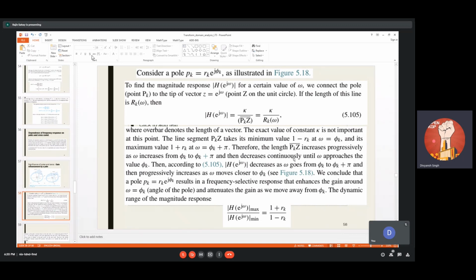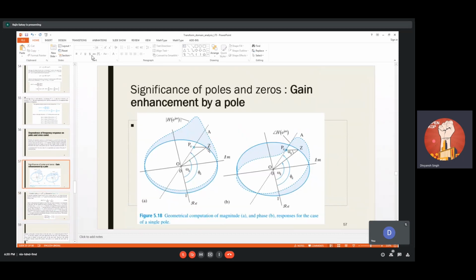That means the pole is causing the magnitude response to increase in the neighborhood of 5k. So as omega comes closer to 5k, that is, as this rotating vector on the unit circle comes closer to 5k, when omega is equal to 5k, the vector has the smallest distance to the pole, so kappa by the distance is maximum.